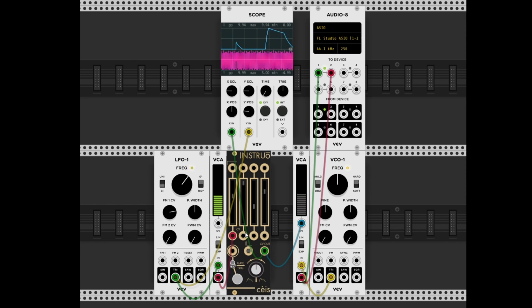Let me demonstrate the same with, no, not attack, with decay. It's also time-related. Reduce the sustain, a time-related parameter. But at first, a little bit more. We nearly don't hear it.